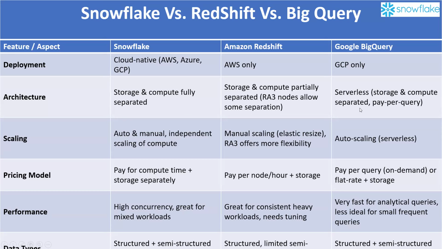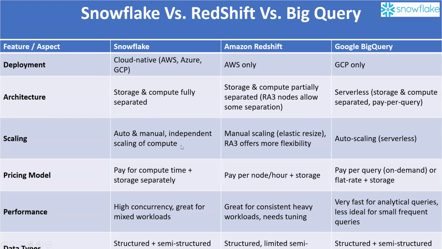So in GCP BigQuery, it's serverless, pay per query. However many queries you run, that many times you need to pay charges. It has its own pricing model specifically for BigQuery.